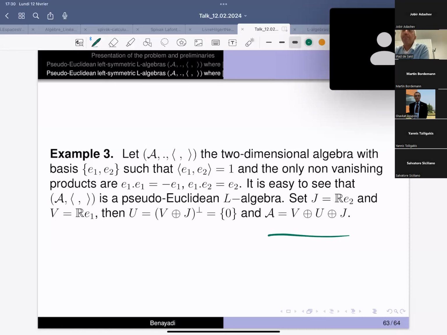To understand by double extension is the first step to understand this structure, and for a given dimension, we can ask, but it's not very easy. Well, that is my answer to your question. Yeah, thank you very much.